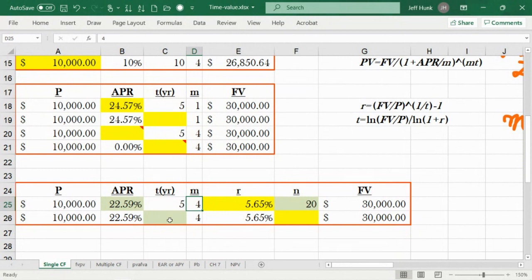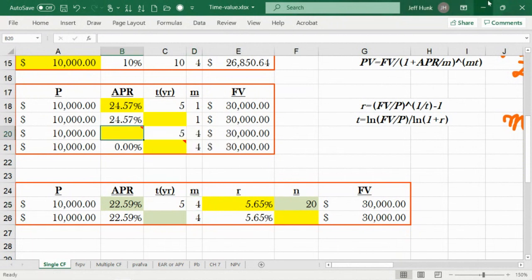With lower interest rate, you can still arrive at the same result, right? And to put it in another way, if you use the same interest rate, then the future value will be greater when the compounding frequency is higher, right?